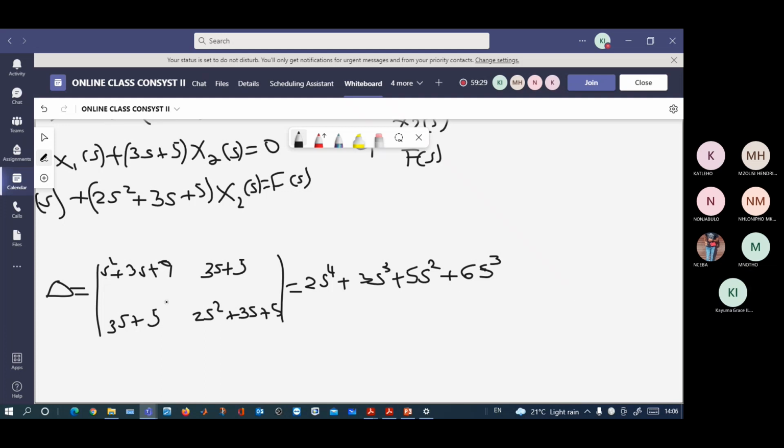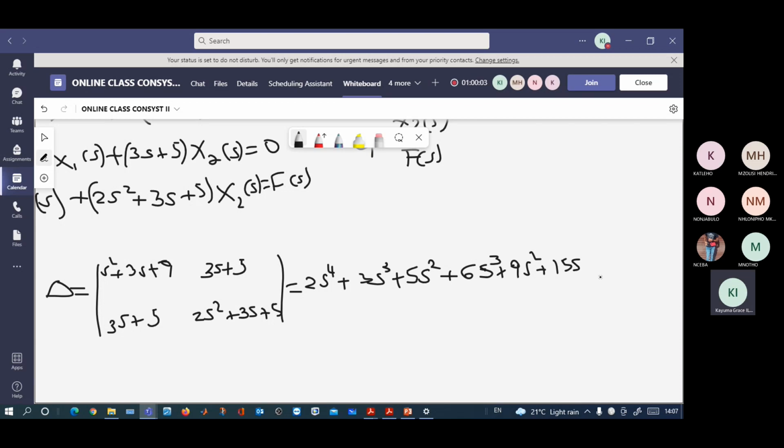Then 3s times 3s gives 9s squared, 3s times 5 gives 15s.